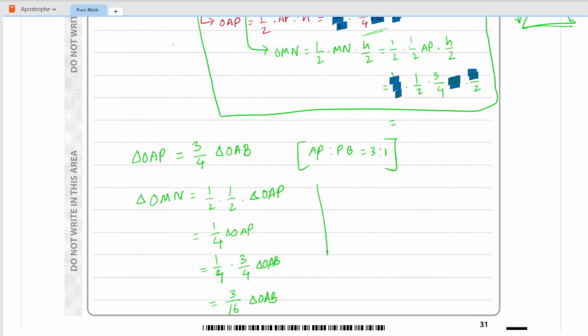So once we have all the data, we can just say AMNP is equals to triangle OAP minus triangle OMN, and we have OAP is equals to 3 over 4 minus 3 over 16 triangle OAB. So that is 3 over 4 minus 3 over 16. That is 9 over 16 triangle OAB.